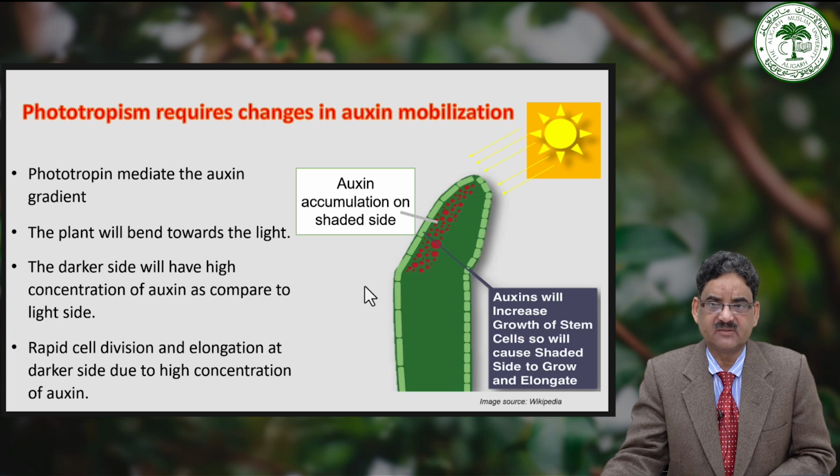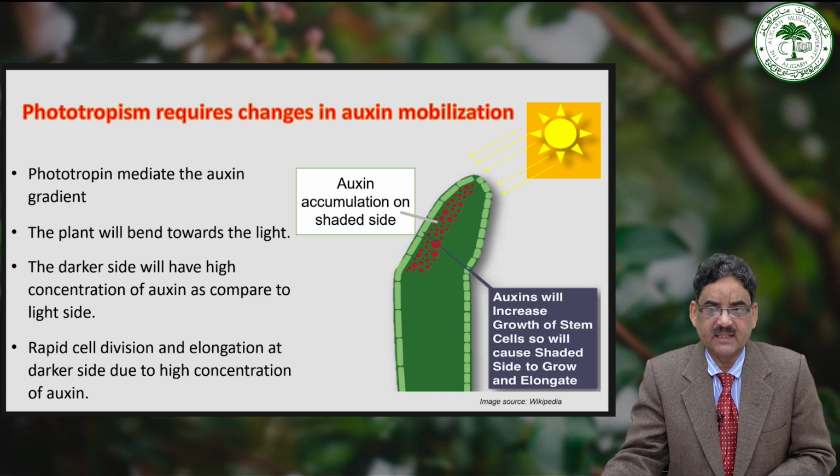This bending is facilitated by the manipulation of auxin concentration, with the darker side of the plant exhibiting a higher concentration compared to the illuminated side as displayed in the figure.